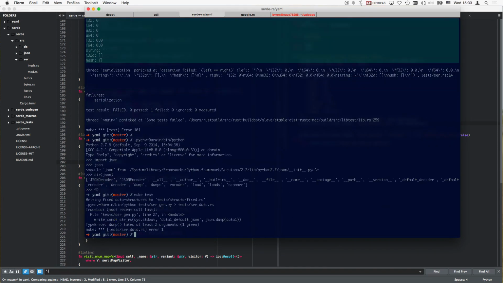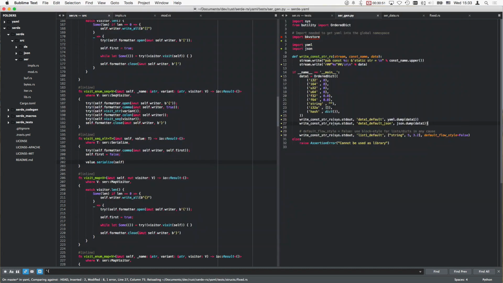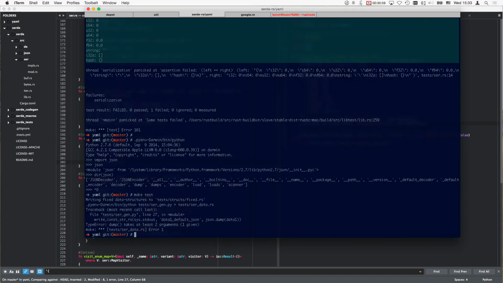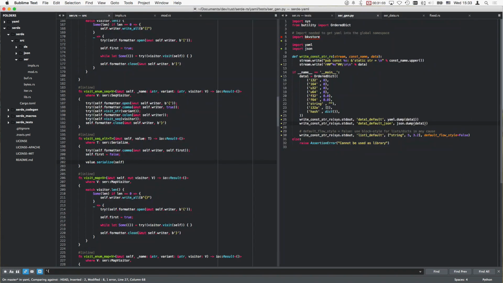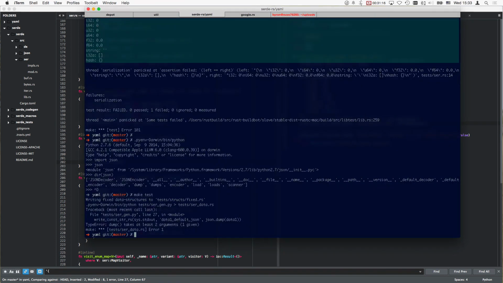Make test, oops. Takes 2 arguments. Oh, that is different. Which one is it? And which line? That's the JSON one. Probably takes this stdout here. Actually, no. We want to put it into a string.